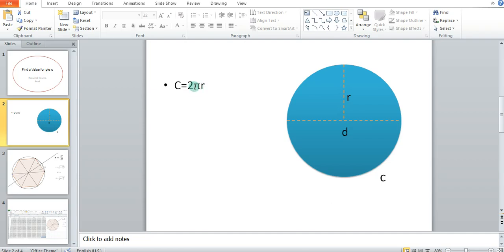Sometimes we take 22 by 7 or 3.143, like that, 2 pi, and r is whatever. For any given circle, if we have the value for r, then we can find the circumference of the circle.